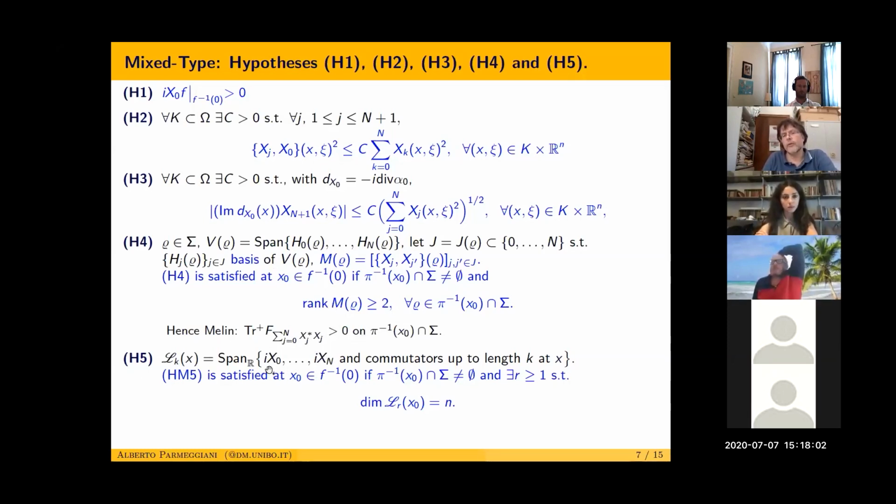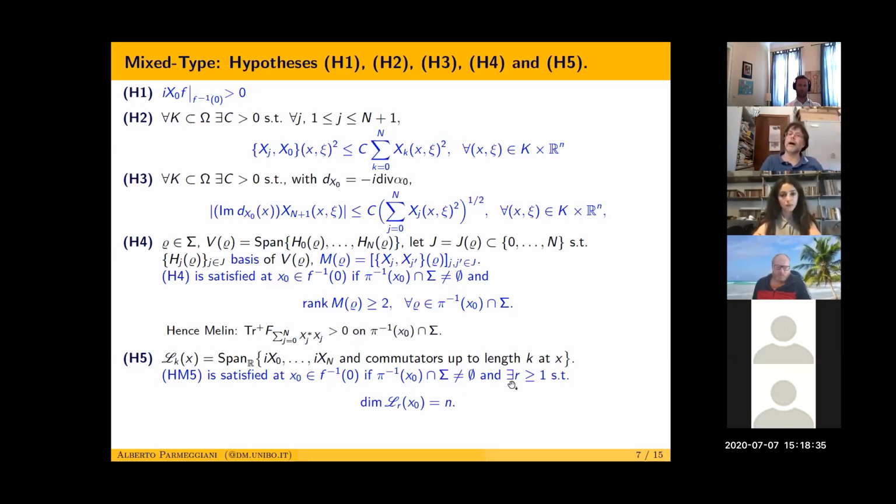So the span of these vector fields and the commutators up to length k at x. You take a point, and this is the span, a vector space. You take all these kinds of things. This is a kind of Rothschild-Stein condition. And then you have that at any point where you have a degeneracy for f, which is also a degeneracy of that characteristic set, the fiber over x naught has to see some characteristic points.